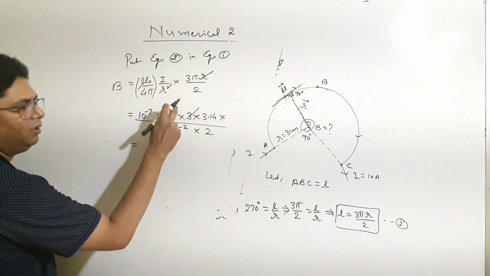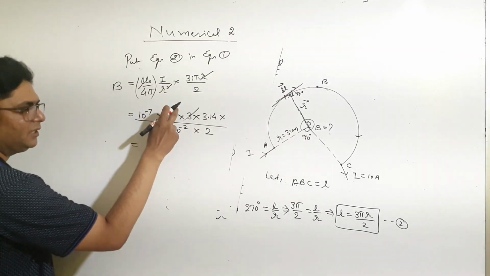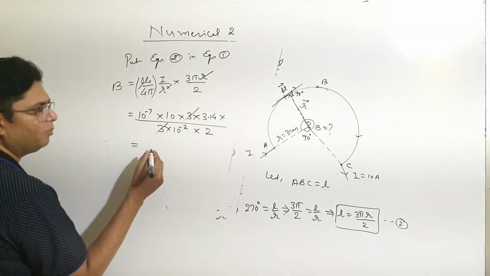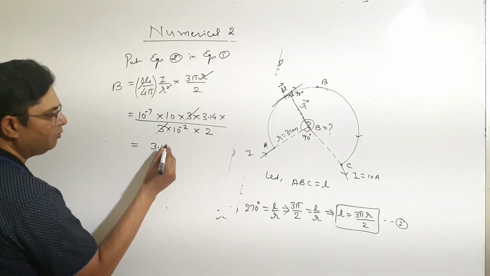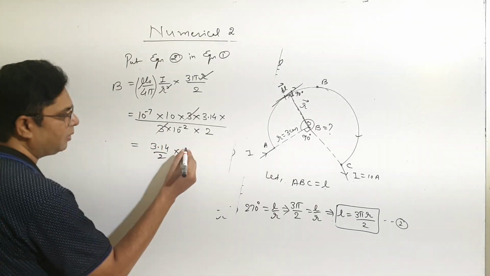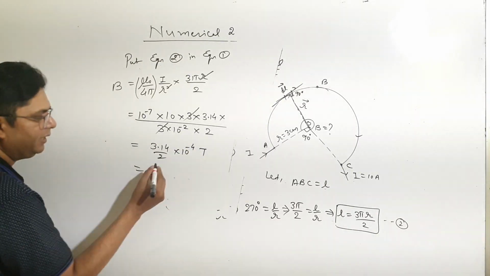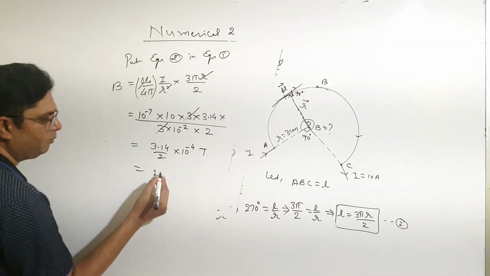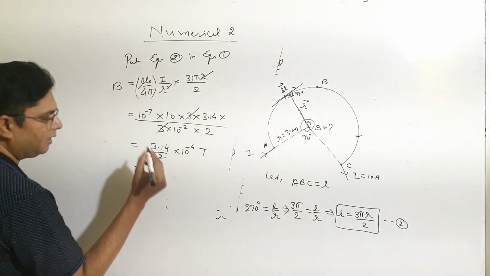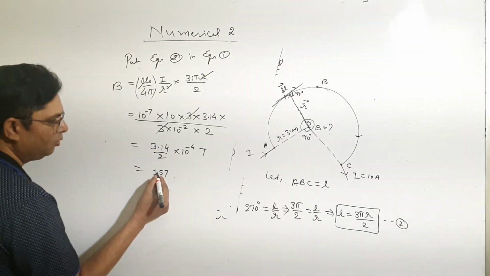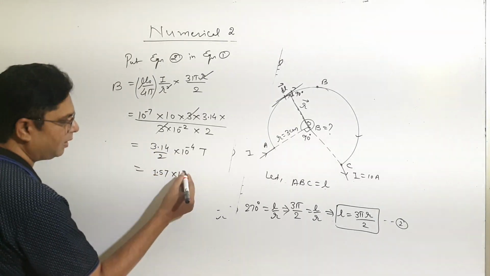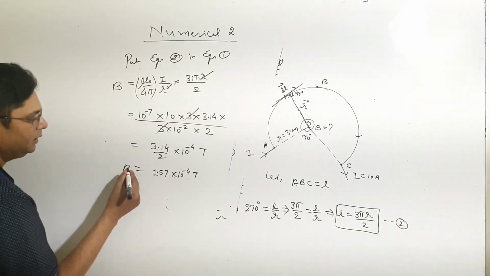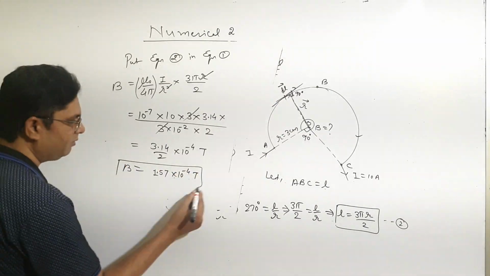Here 10 to the power 1, 1 plus 2 is 3, plus 3 minus 7 is equal to 10 to the power minus 4. So 3.14 upon 2, times 10 to the power minus 4 Tesla. Dividing it, you get 1.57 times 10 to the power minus 4 Tesla. This is B, the magnetic field.